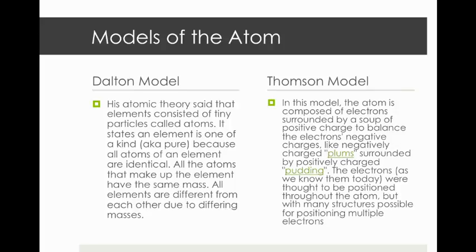The Dalton model said that elements consisted of very tiny things called atoms. It stated that an element is a kind of these particles. All the atoms that make up the element have the same mass, and all elements are different from each other because their mass is different.